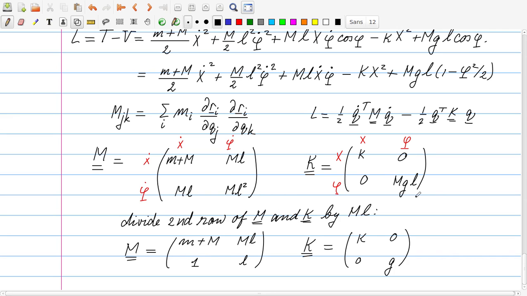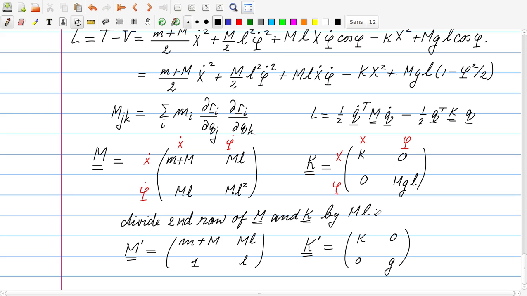And if you have paid attention in the previous movie in which I analyzed this model without this formal expansion of the L in terms of matrices, you should recognize that there I had exactly the same form of M, and I had exactly the same form of K, and I will give them a prime in order to distinguish them from these versions. So you can always multiply the rows of both matrices by a particular constant.